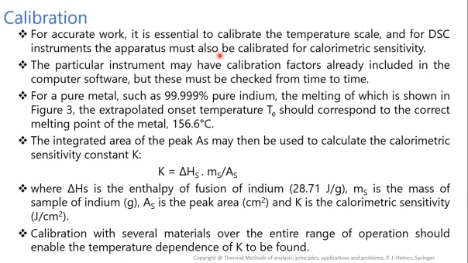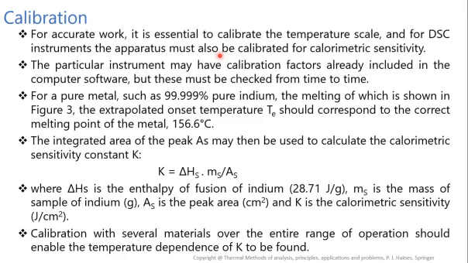The calorimetric sensitivity constant K is given as K equals delta Hs into Ms divided by As, where delta Hs is the enthalpy of fusion of indium, about 28.71 joules per gram, Ms is the mass of the sample, that is indium, As is the peak area in centimeter square, and K is the calorimetric sensitivity constant.